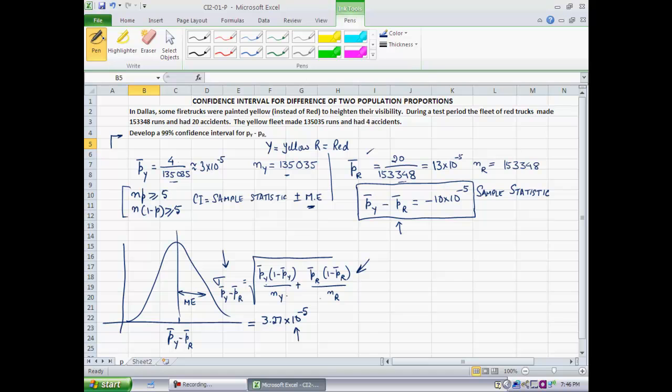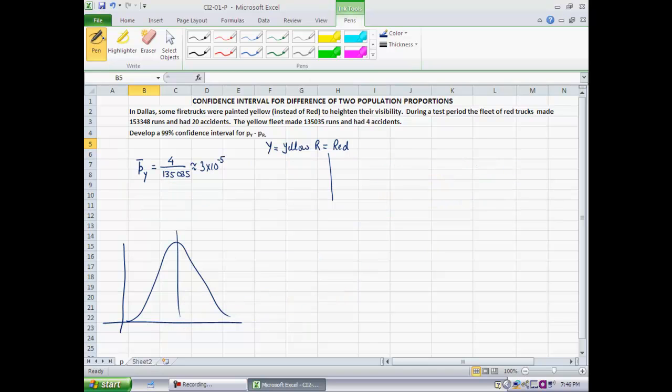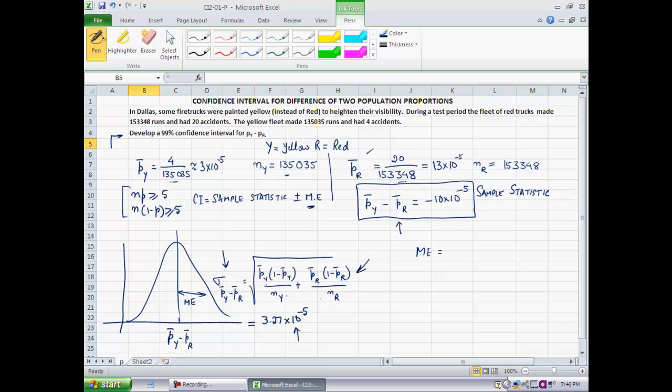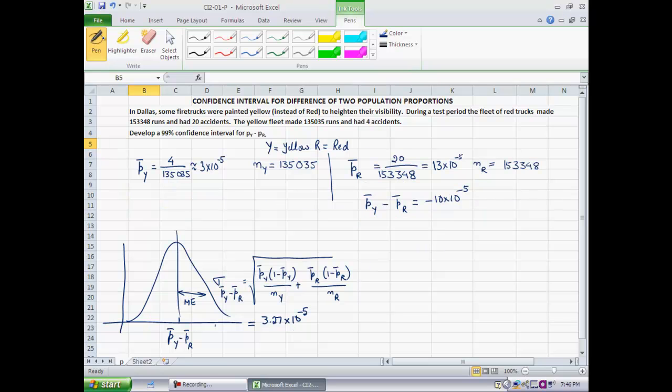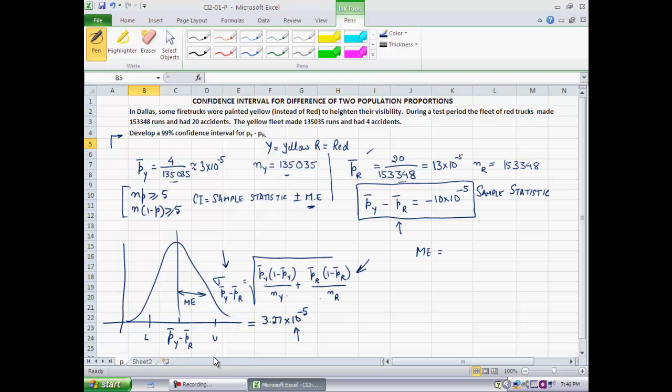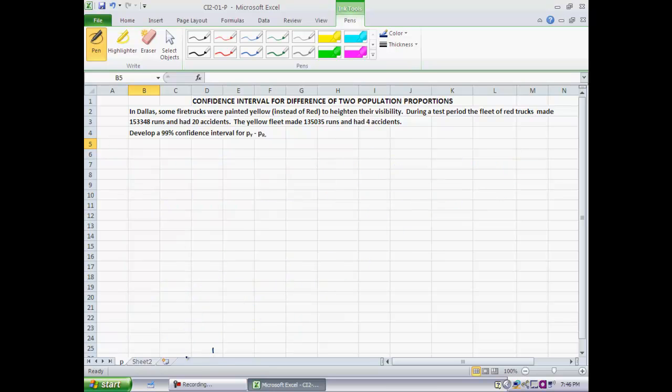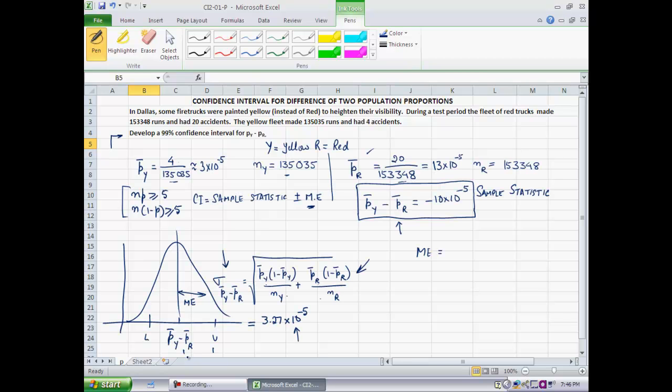Of course, we need to know how large a margin of error we need, in standard deviations, in order to be 99% sure. So, same sort of logic, I want a lower limit and an upper limit, and the difference between the middle and the upper limit is the margin of error.